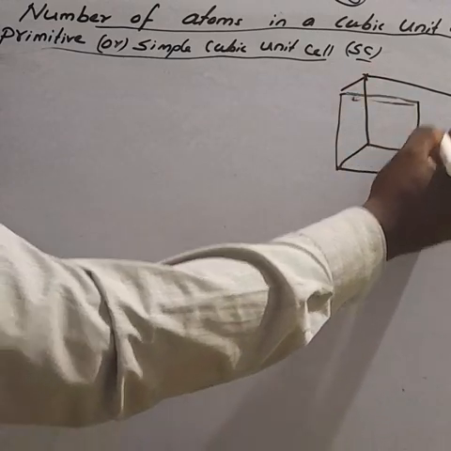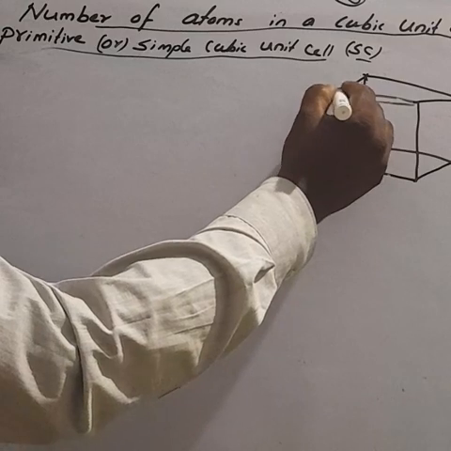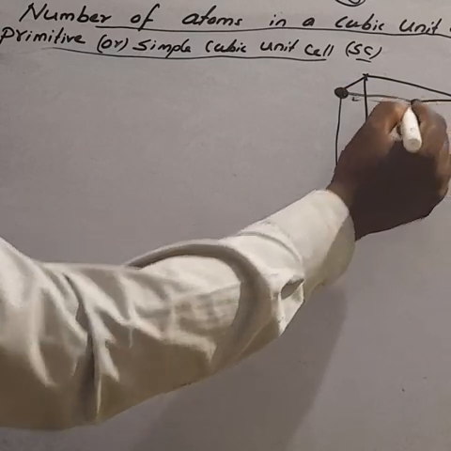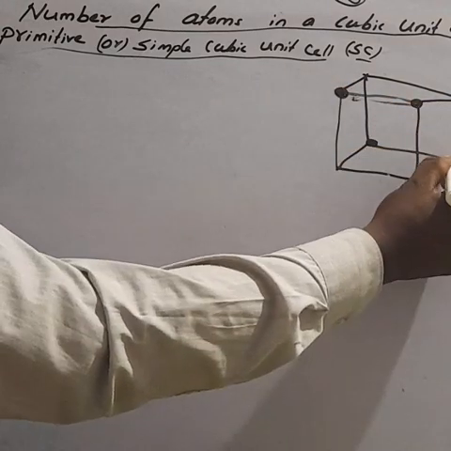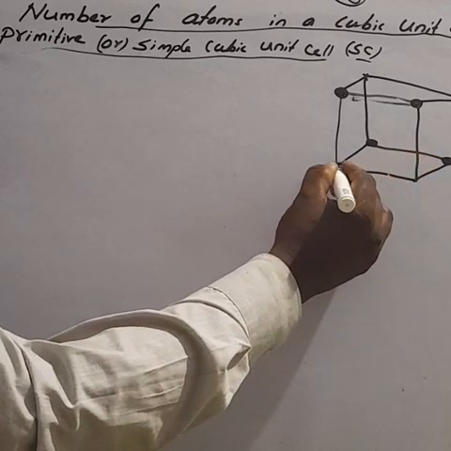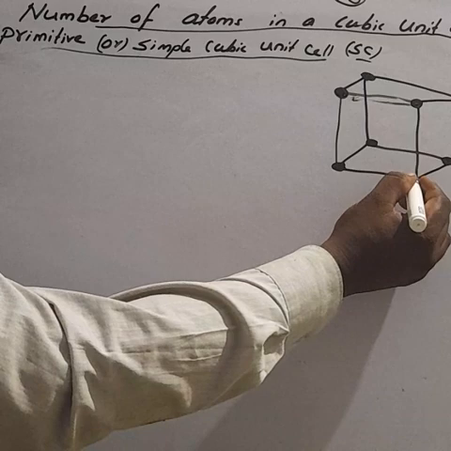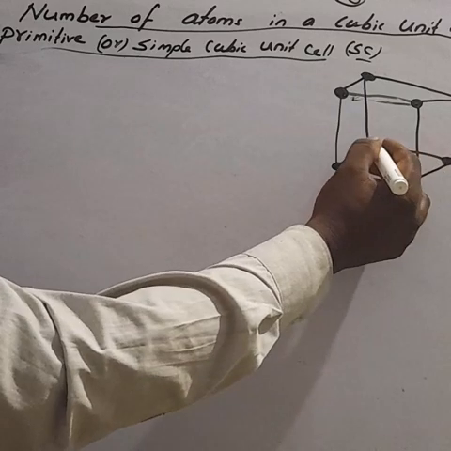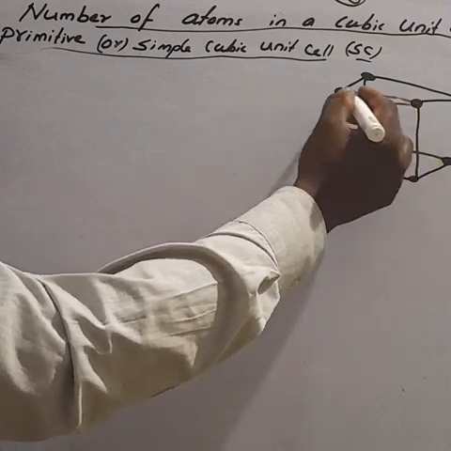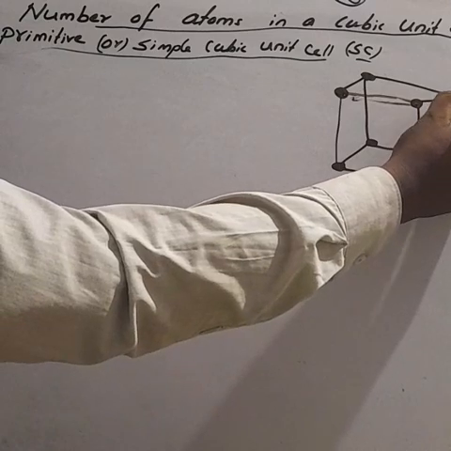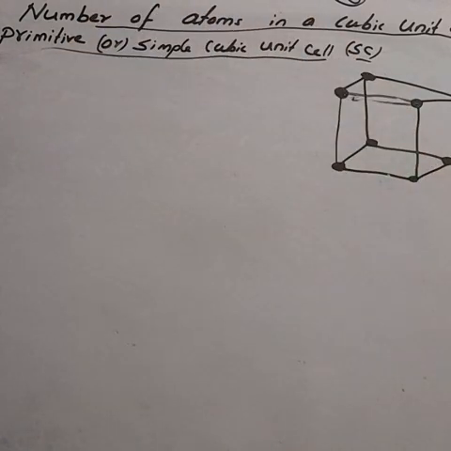At each corner an identical atom is present. How many corners are there here? 1, 2, 3, 4, 5, 6, 7, 8. Am I right?